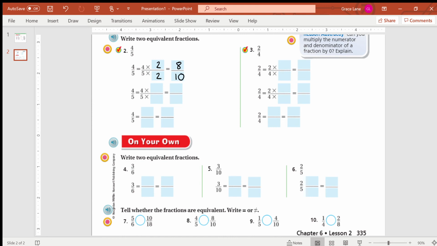However, if you didn't choose 2 and you chose to multiply by 3, like I'll do on the second one, your fraction could be 4 times 3 is 12, 5 times 3 is 15, 12 over 15. You can choose literally any factors you want. You could do, watch, I'll do one off to the side.